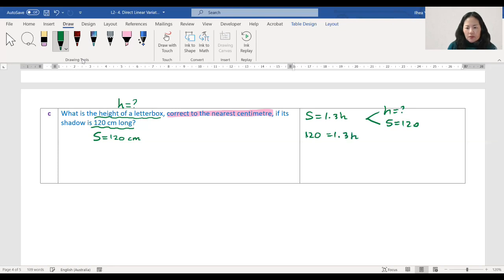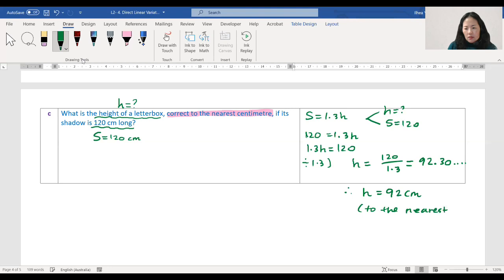I'm going to put 1.3h on the left, 120 on the right, and divide by 1.3 on both sides. h will be 120 divided by 1.3, which is 92.30... But we want that to the nearest centimeter, so it'll be 92 centimeters to the nearest centimeter.